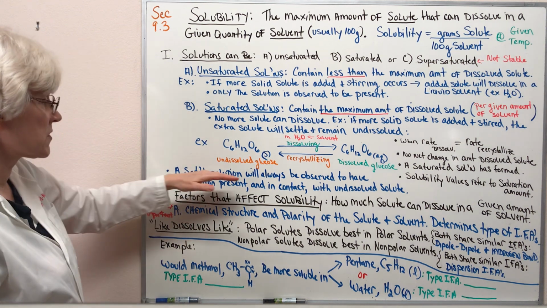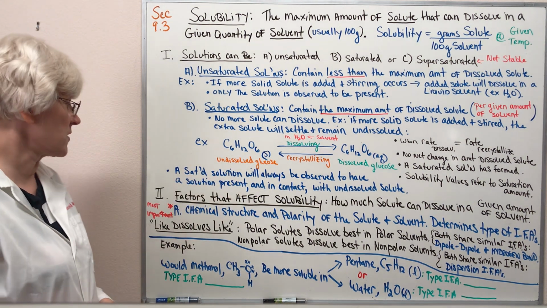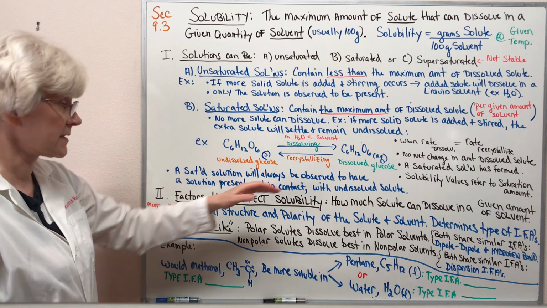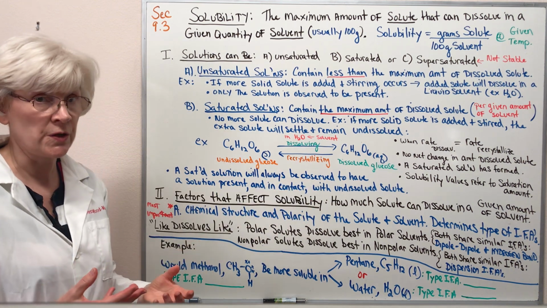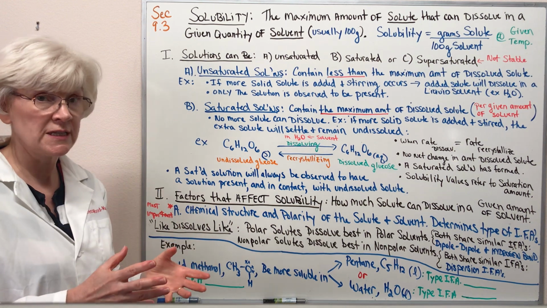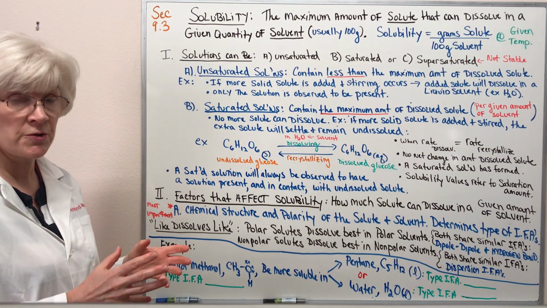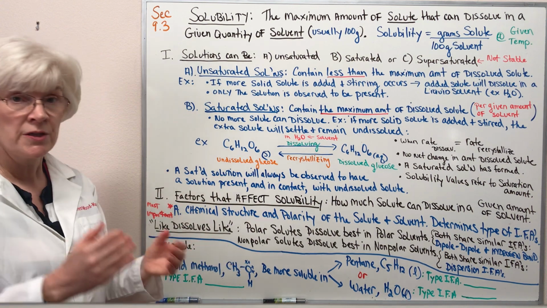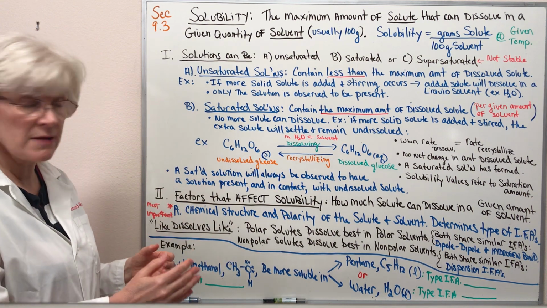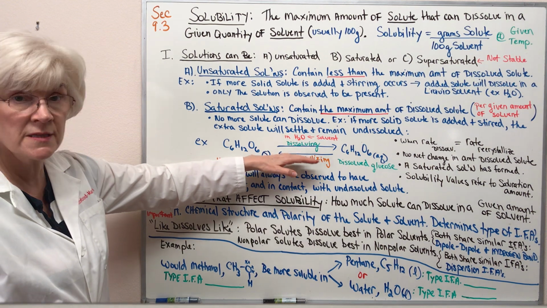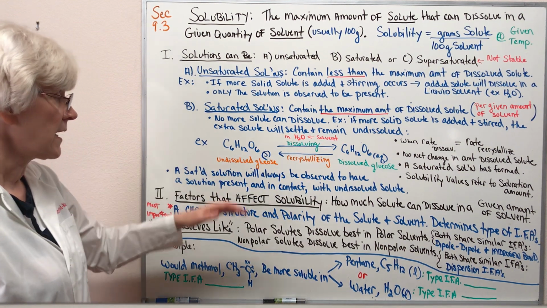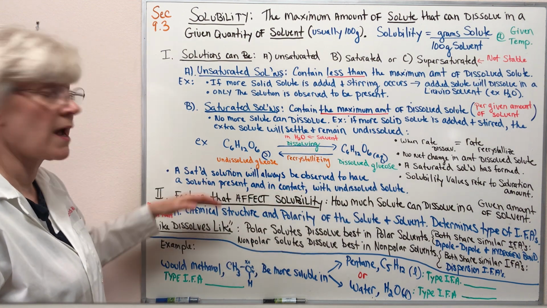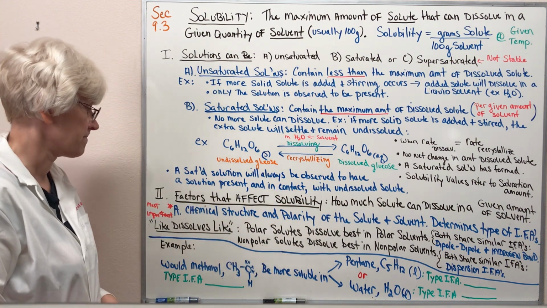A saturated solution will always be observed to have solution present and in contact with undissolved solute. So that's how you visually tell you've reached saturation. You've allowed time to pass, you've stirred, you have allowed dissolving to take place, but you've reached this equilibrium point, and you will always have undissolved solute in contact with the solution.